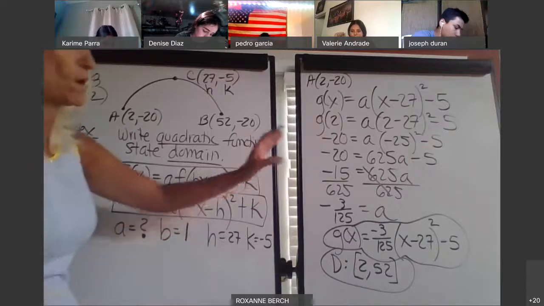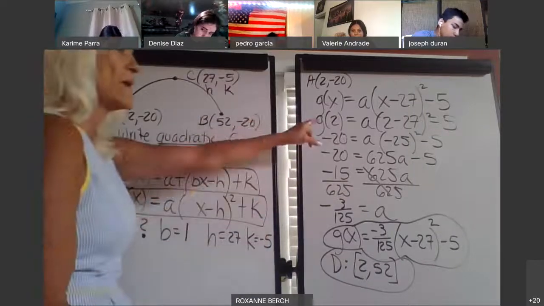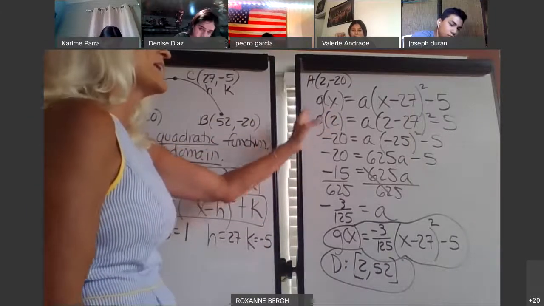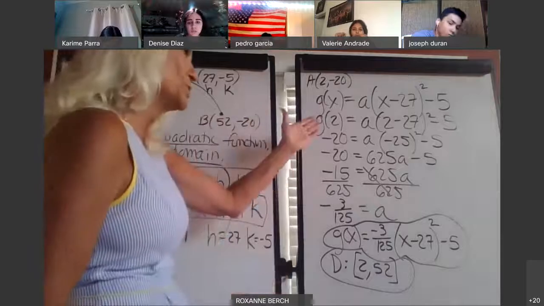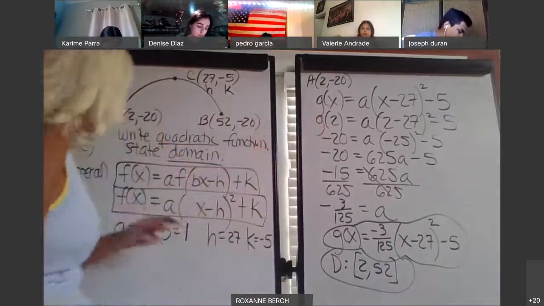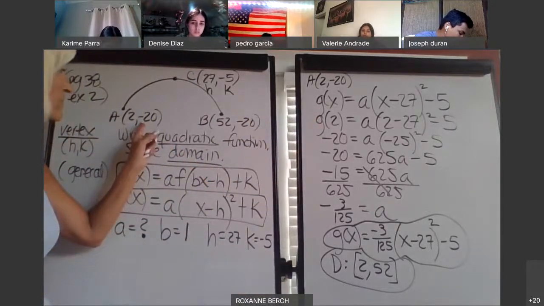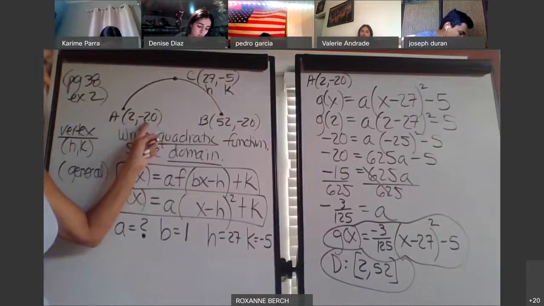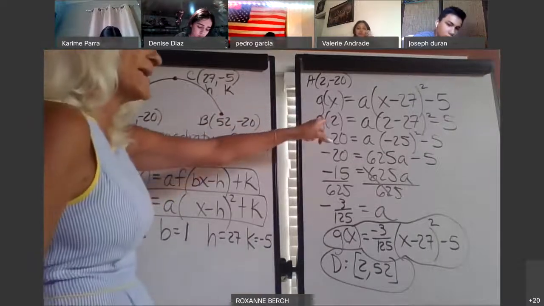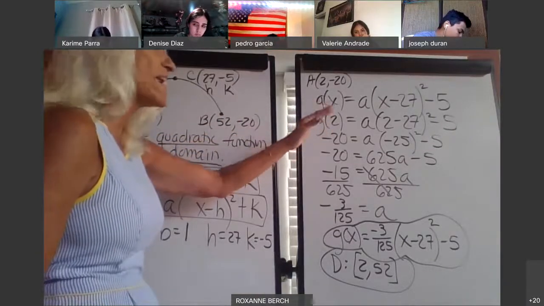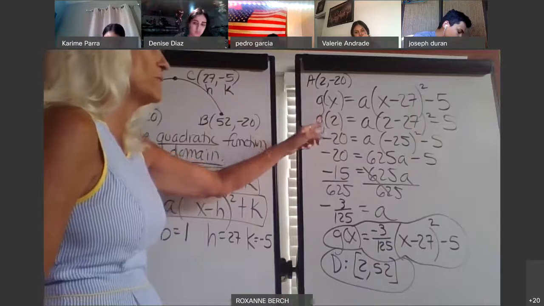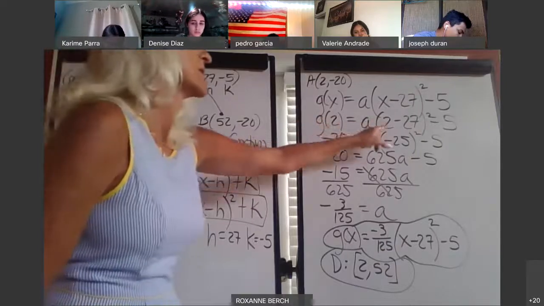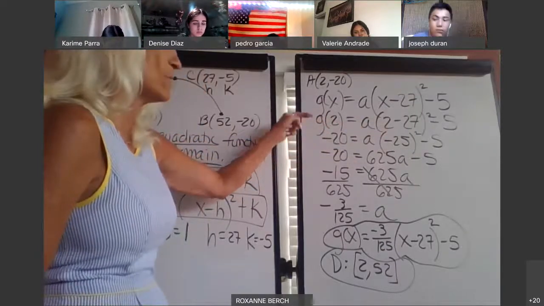Now, do you understand that we're finding when X is 2, Y is -20? So what you see me doing here is evaluating the function for X, and this is just a label.